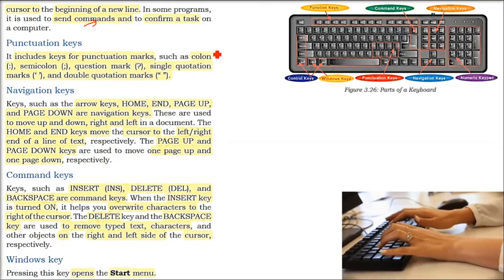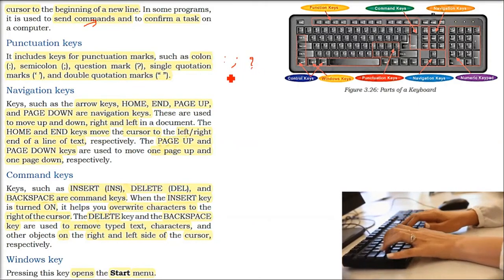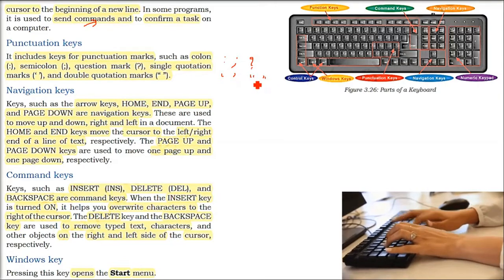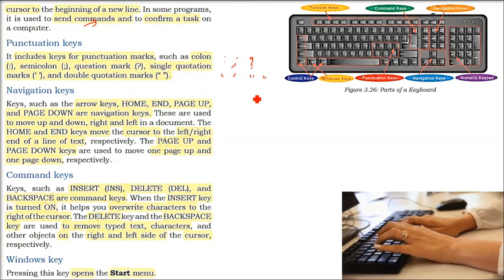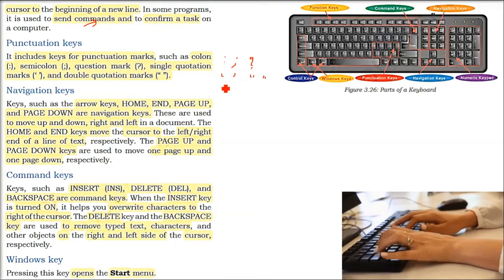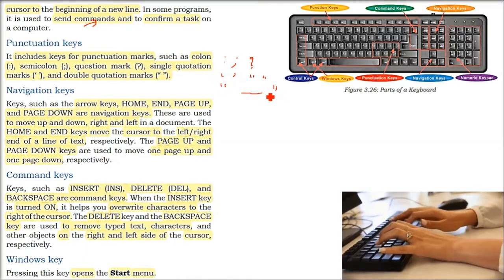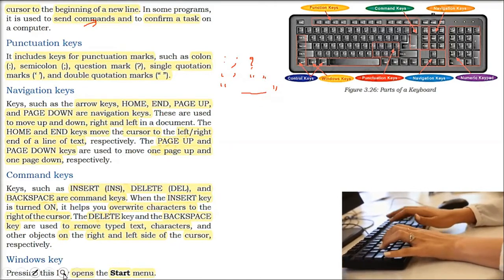Coming to punctuation keys. Punctuation in English, what do we have? We have colon, semicolon, question mark, the single quotation mark, and double quotation mark. Normally these are used in programming languages, and also in normal typing, MS Word, text documents. Okay, you are going to write some book name or some quote, so you will give the double quotes.